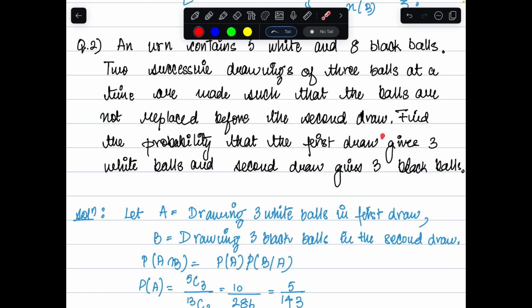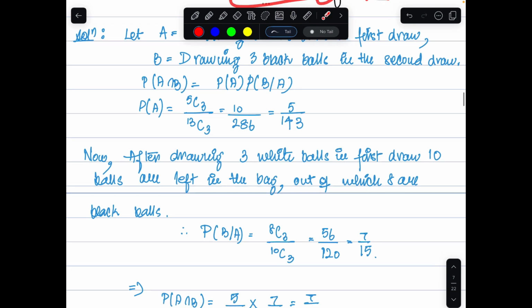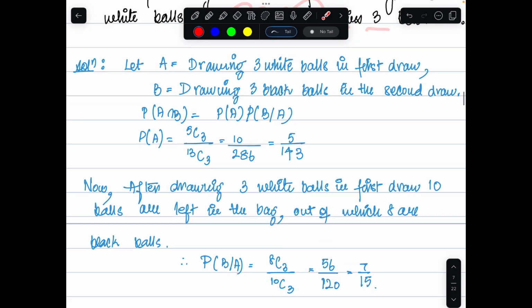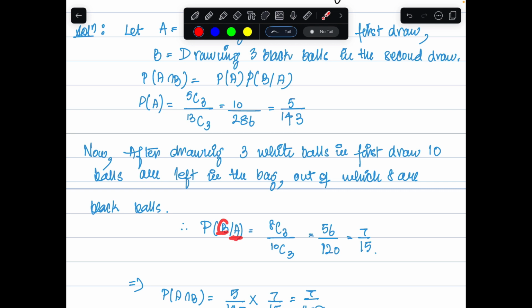So in the first draw itself you are picking 3 balls, keep that in mind, and in the second draw again you are picking 3 balls. So in this case we are using the conditional probability concept. See, this is where we are using the probability of picking 3 black balls given that already 3 white balls are chosen.